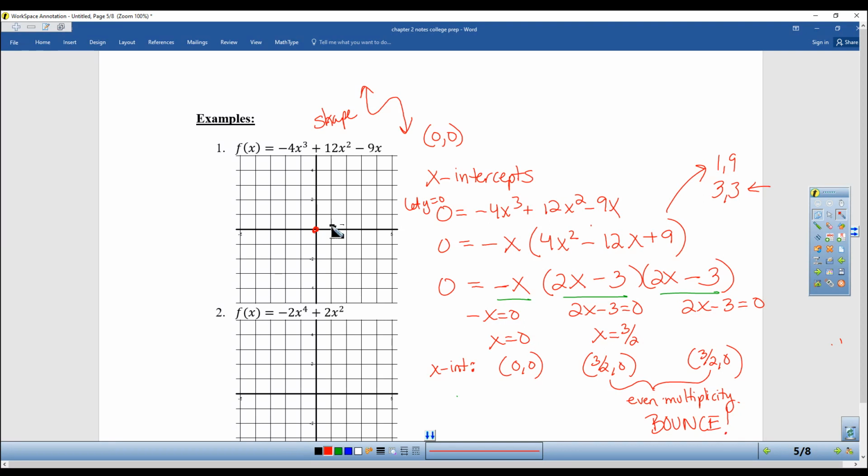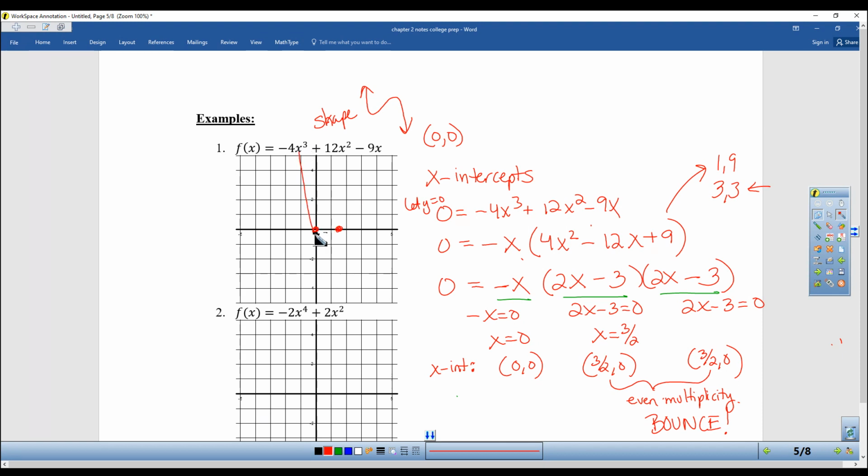I'll show you why. Here's 3 halves, right? I know it needs to come down, and then it needs to go up, and then it needs to come down again. If I went through that point, I would have to come down somewhere else, but there's not another 0. So that should also help you realize that this is going to bounce.